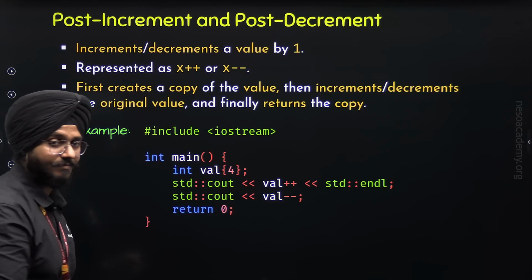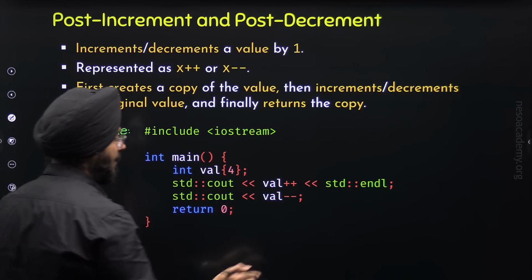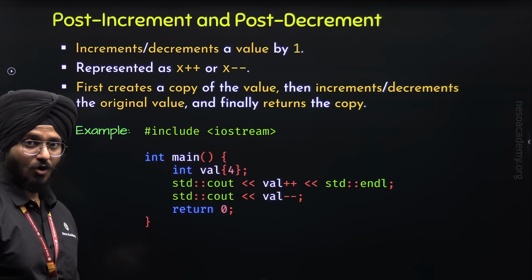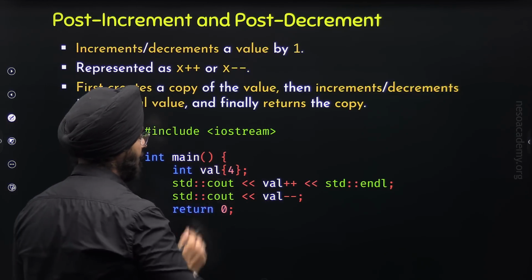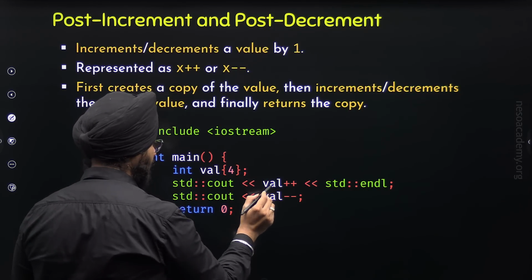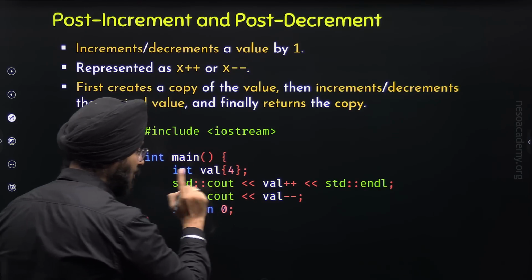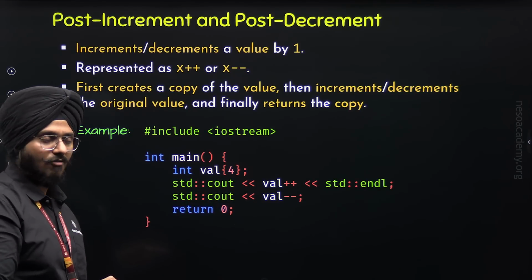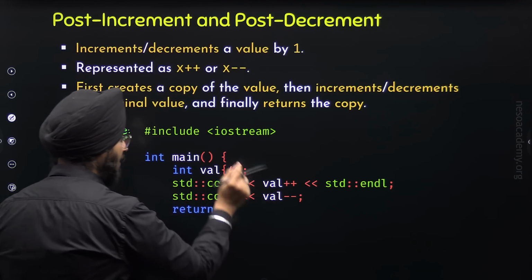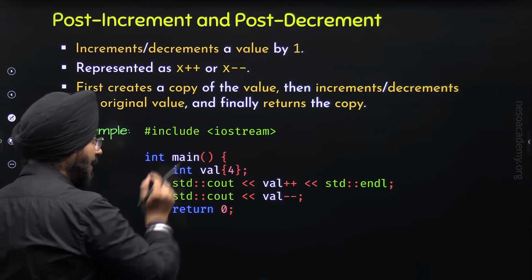Here I have applied post-increment and post-decrement operators on variable val. Because of this post-increment operator, first, the copy of this value is created. We will get the copy of this value, that is 4. Then, the increment happens on the original value.